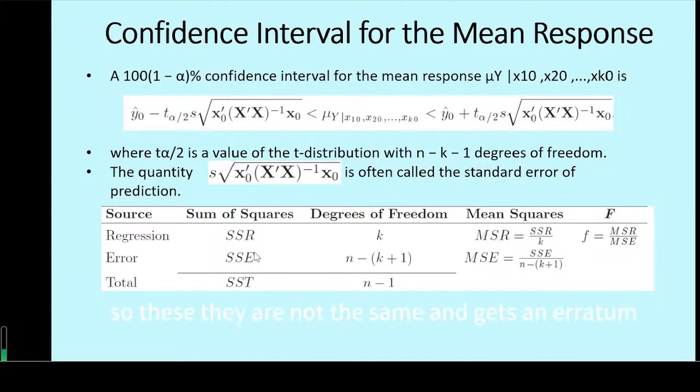They are not the same, so we get an error term. Then we take the square of each error term and add them together. This is called SSE. SSE divided by n minus k minus 1 is called mean SE. This is S square. Then we take the square root and get S. So everything is ready, and we can calculate the confidence interval for the mean value of y given the x values.